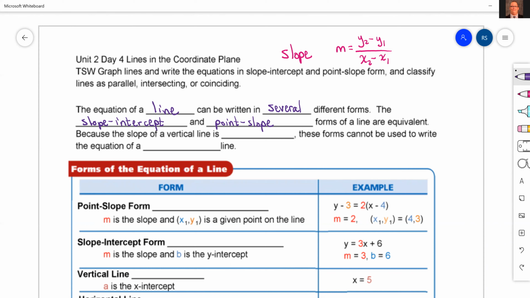Since the slope of the vertical line is undefined, we cannot use these two forms, slope-intercept and point-slope, to write the equation of a vertical line. That's got its own form that we'll see here in a second.